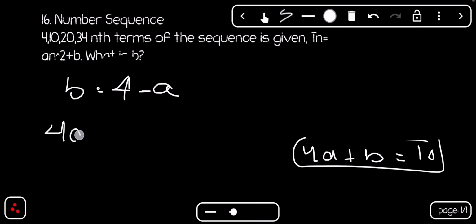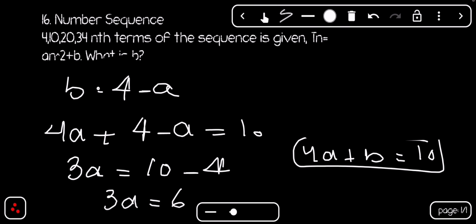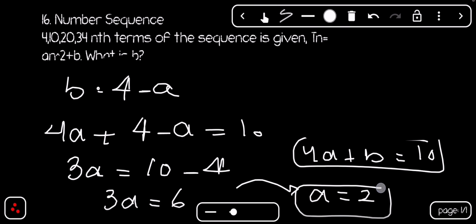So 4a plus 4 minus a is equal to 10. This one will be 3a is equal to 10 minus 4. And then 3a is equal to 6. And a is equal to 2.